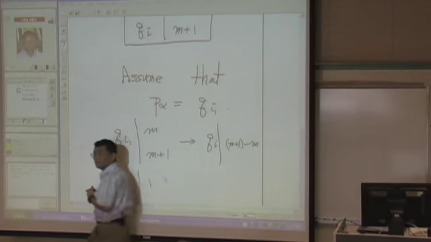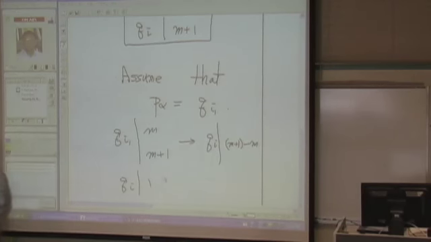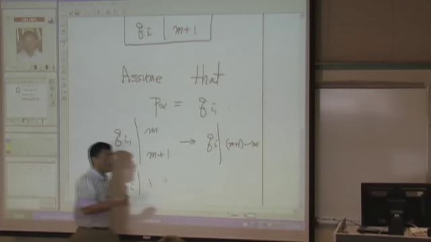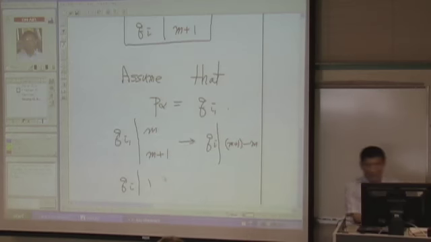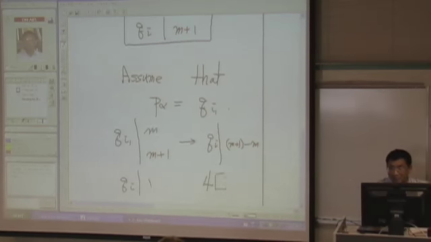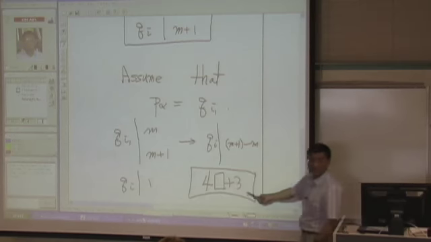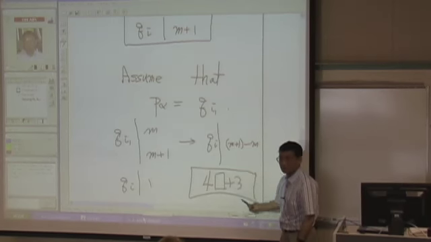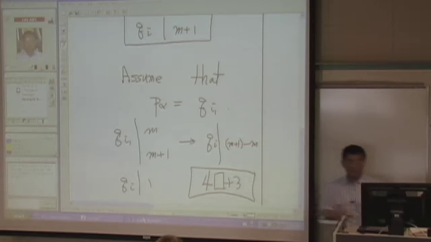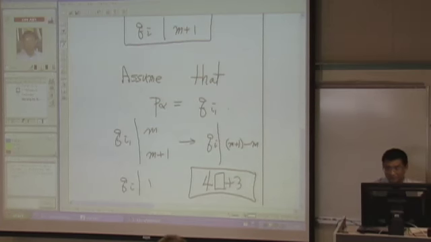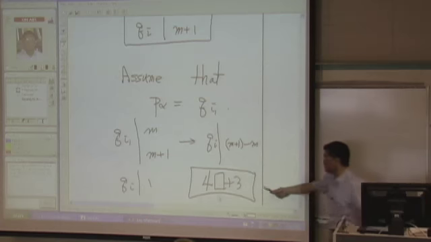Is it possible? It's impossible, right? This is not possible. Q sub i has what pattern? Q sub i has 4 something plus 3 pattern, right? Q sub i has this pattern in the first place when you defined it. So now, because of this, a contradiction, right? So this is the end of the story, right?